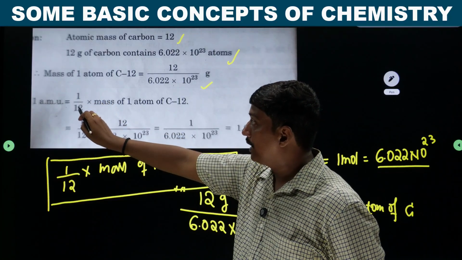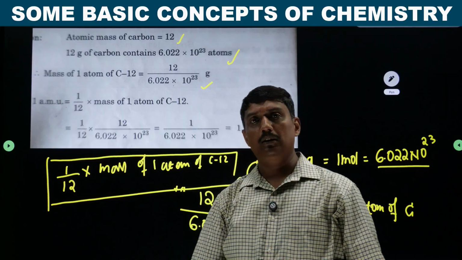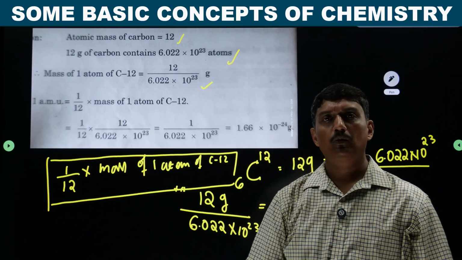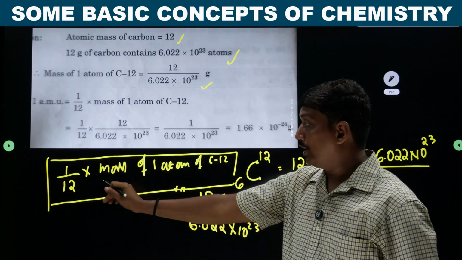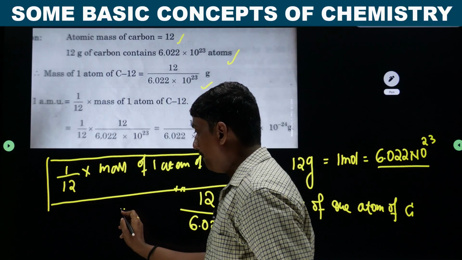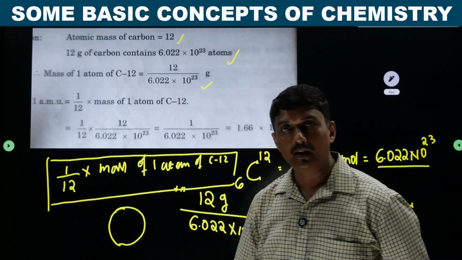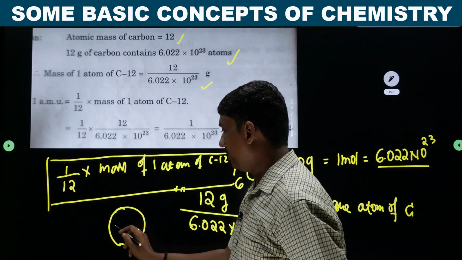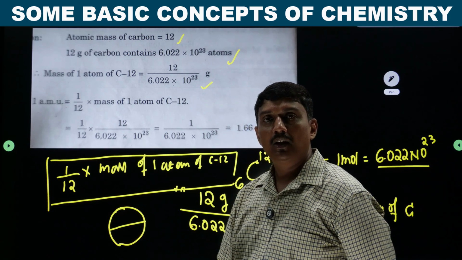Then what is the meaning of 1 by 12th? Why is 1 by 12th selected? We could have taken 1 by 6, 1 by 3, 1 by 7, or 1 by 13 also. The purpose of selecting 12 is this: mass is concentrated in the nucleus, right? The nucleus is made up of two things, protons and neutrons.